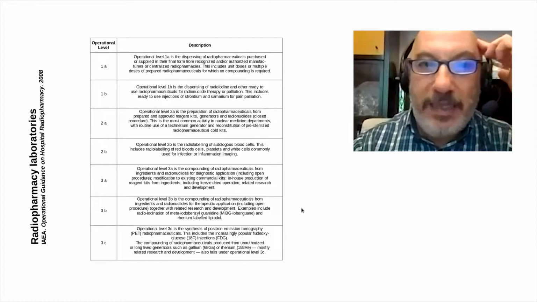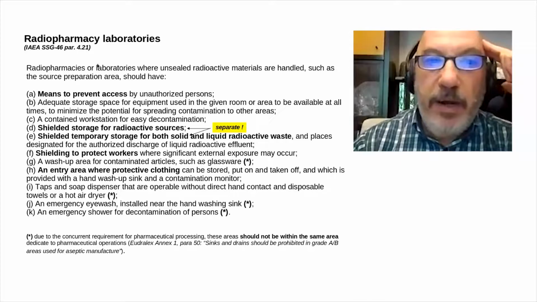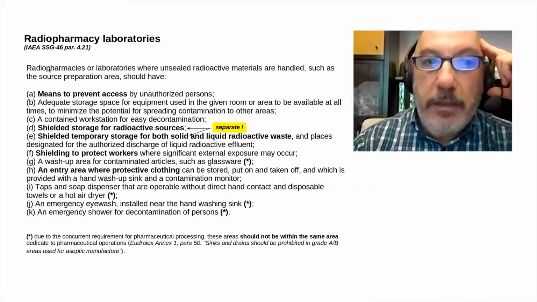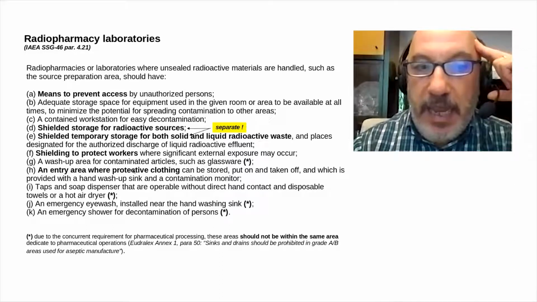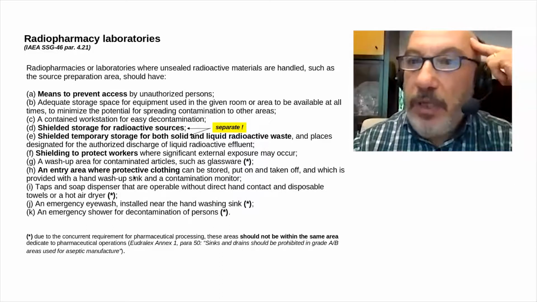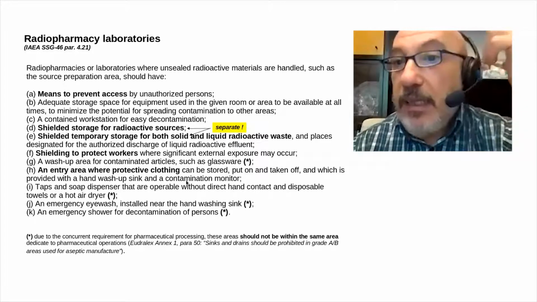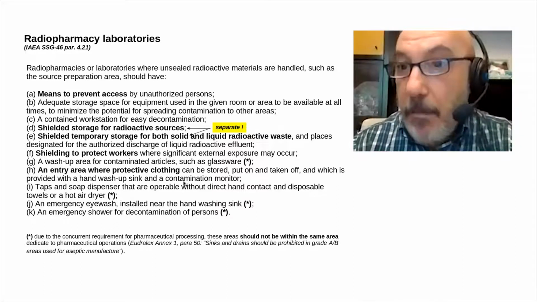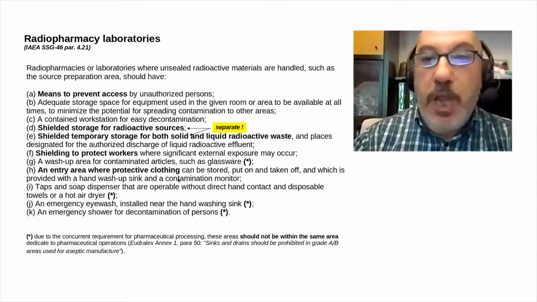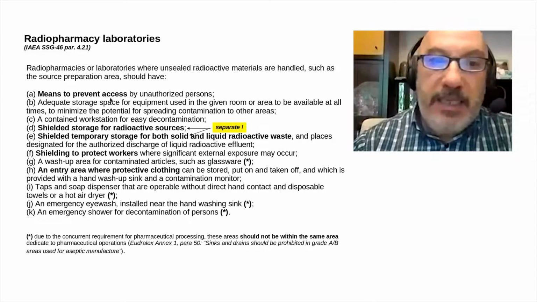In the radiopharmacy laboratory, there should be a means to prevent access, and also at the entrance there should be an area in which all the necessary protective clothing, that in this case is not shielded clothing but protects from the possible risk of contamination, should be worn by the staff.